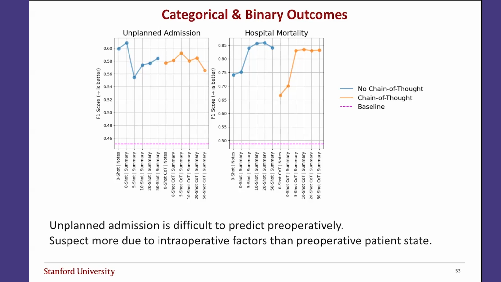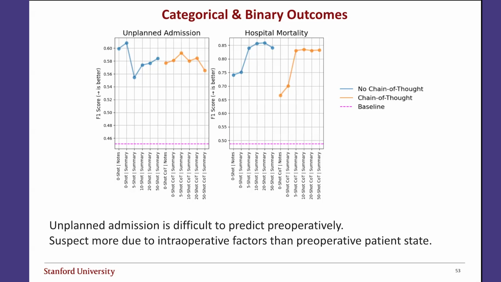So what unplanned admission means is that we took, when a patient books the surgery, the surgeon also puts down whether or not they expect the patient is going to be discharged on the same day and not need a hospital stay, or whether or not the patient needs to be admitted to the hospital. So that's the surgeon's expectation.